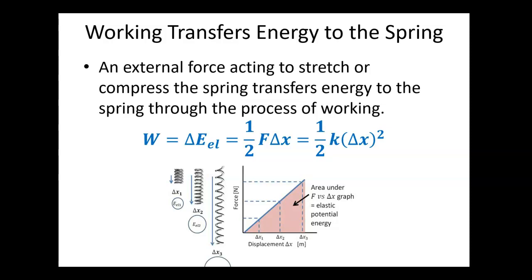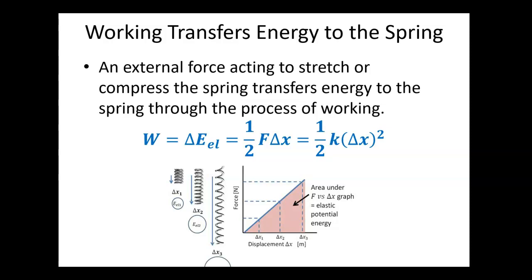The amount of the energy equals the area under the force displacement graph, and that area, notice it's triangular in shape, so the area is 1/2 times the height times the base, or 1/2 times the force times the displacement. But we know that the force required to stretch the spring equals K delta x, right, from Hooke's law.